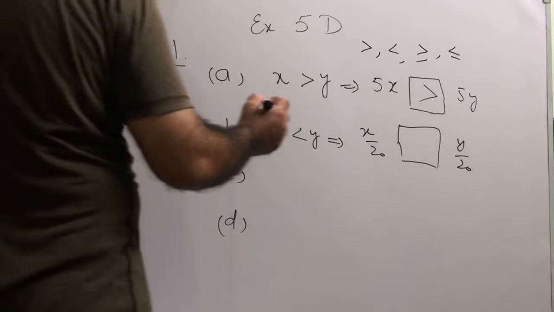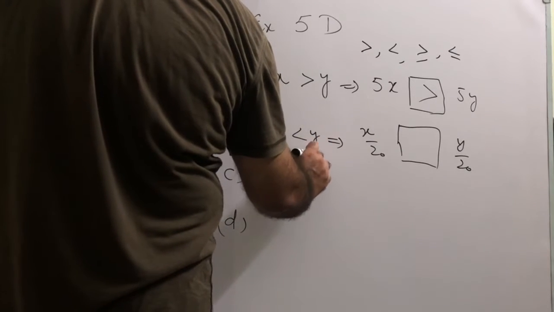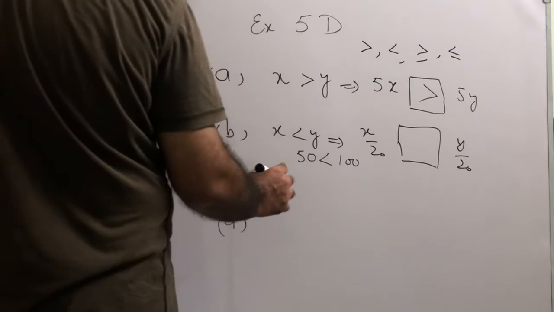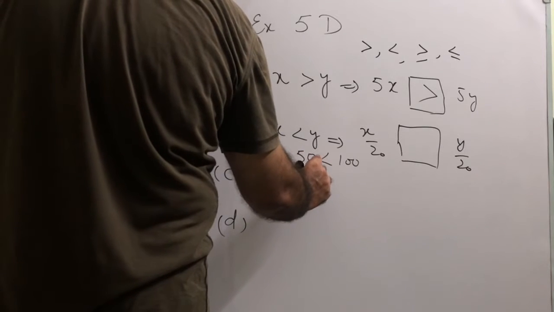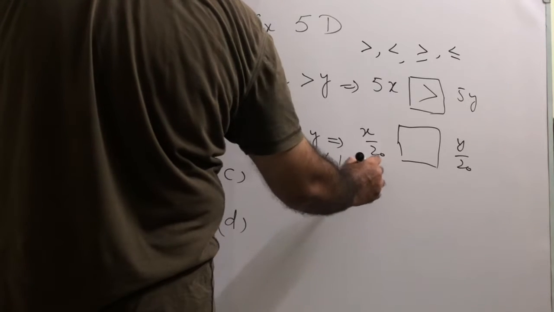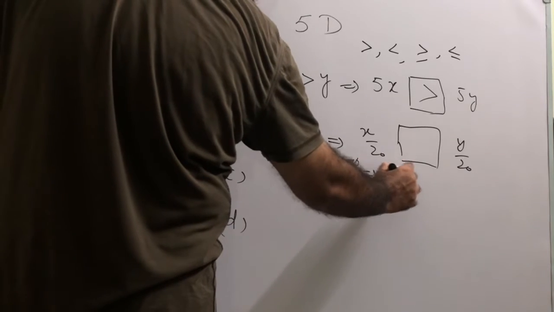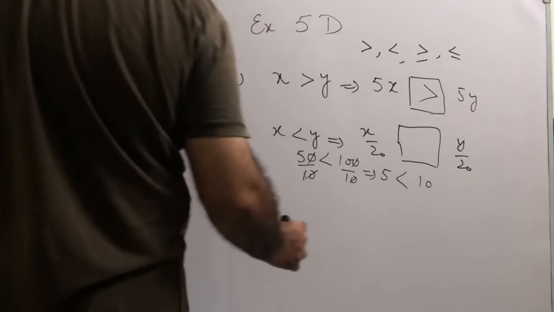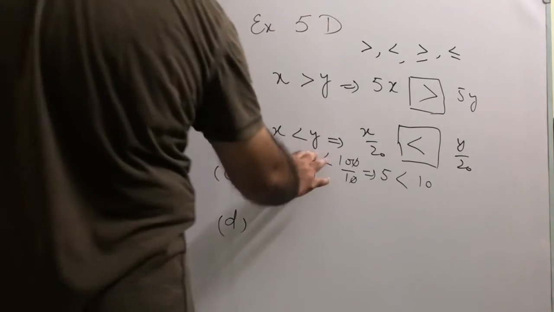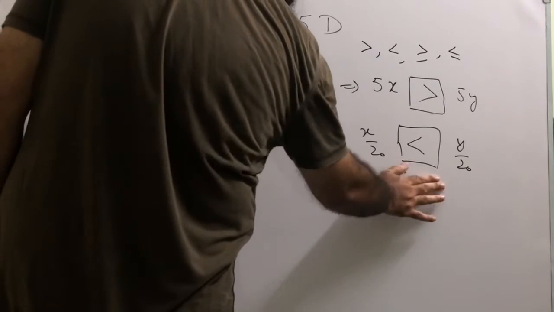I'll give you one example. Let's suppose 50 is less than 100. If we divide this side by 10 and also this side by 10, what will be the result? The result will be 5 here and 10 here, so it is still less than. So similarly, we will put the less than sign here. I made you understand the concept with this example.